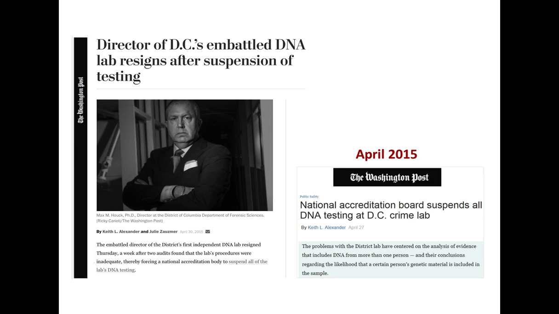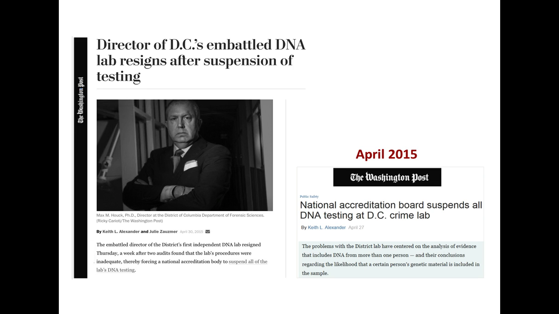One of the things that made national headlines in April 2015, about a year before the PCAST report came out, was that there was a big lab in Washington, D.C., a cream of the crop type lab, a high-end, high-level lab, that a national accreditation board found flaws in the way they were interpreting DNA mixtures.